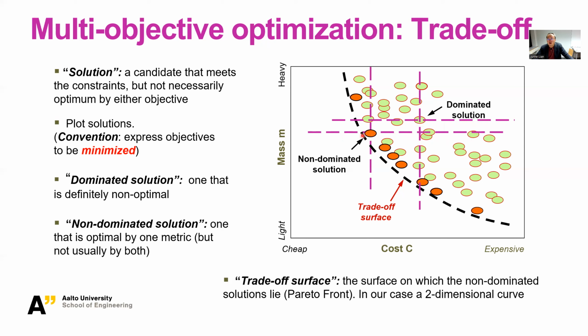So if we have a constant mass, we know we're going to buy this one, because it's the cheapest. The same if you go in the other direction. This is also the lightest one, right?